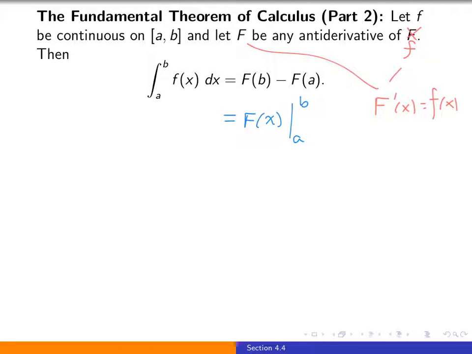And this is just a fancy way of saying plug in b, put a minus sign, plug in a. And this fundamental theorem of calculus is going to give us a very quick and very convenient way to evaluate definite integrals. And I invite you to think back to how we used the definition and compare that to how much simpler these examples are going to become.